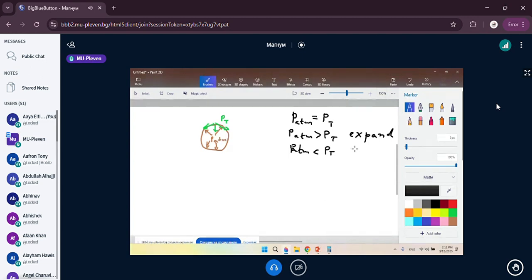It will shrink. Expand, it will expand; reduce, it will reduce in size.